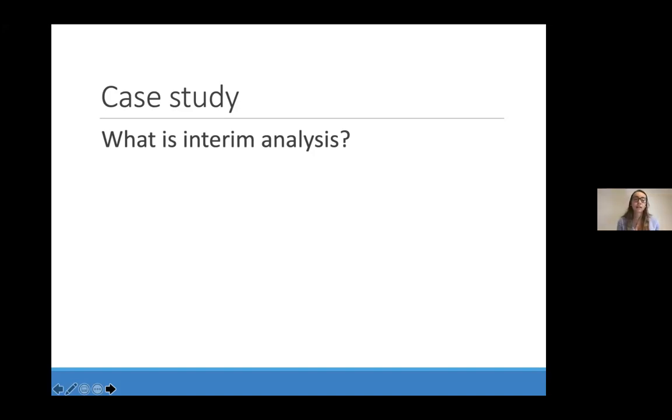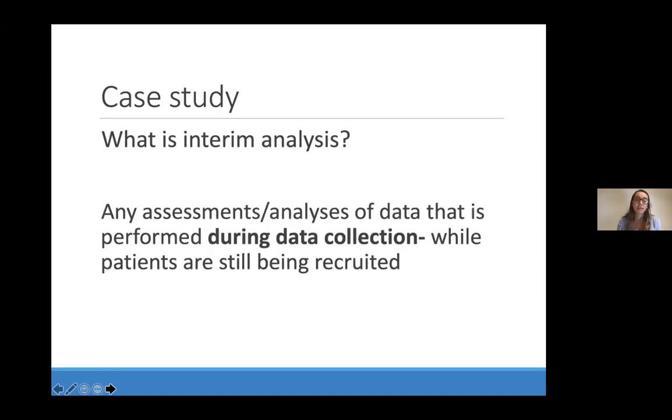Yes, exactly. That's a very good explanation. Interim analysis is an analysis, exactly as you said, that is done during data collection, and is usually part of a trial where you plan the interim analysis, which we call an adaptive design trial. This would be a group sequential type of trial in which you plan interim analysis and you also plan decisions to take about the trial course based on the results of that interim analysis.